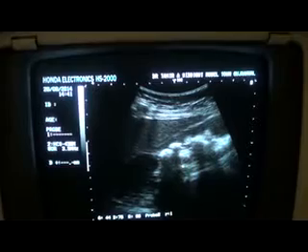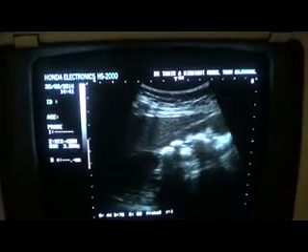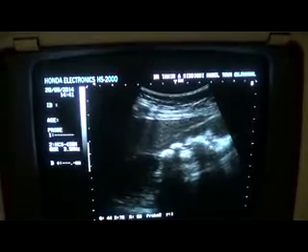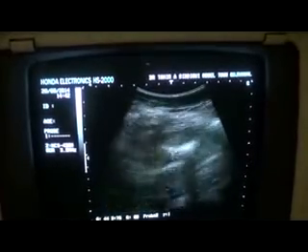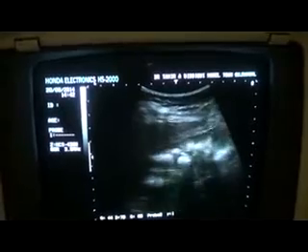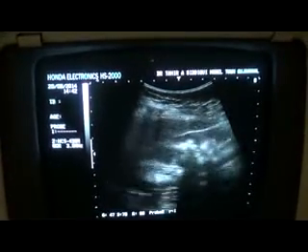These are all giving posterior shadow. Now, this is another one, and these are at the lower pole, at the posterior parenchyma of the kidney. Now, what about the parenchymal thickness, cortical thickness and corticomedullary differentiation?